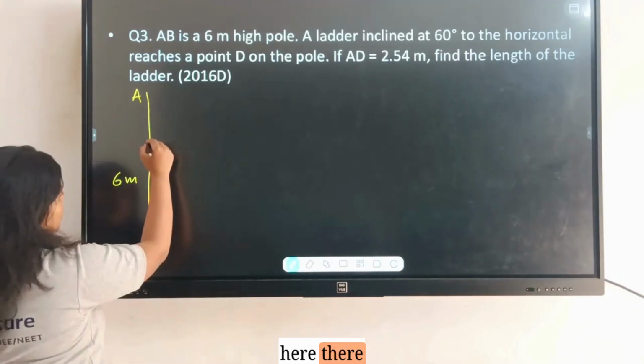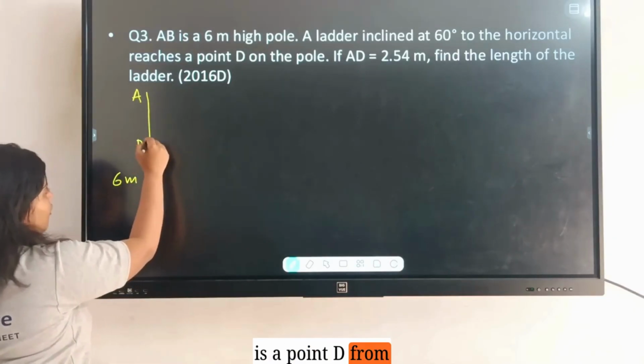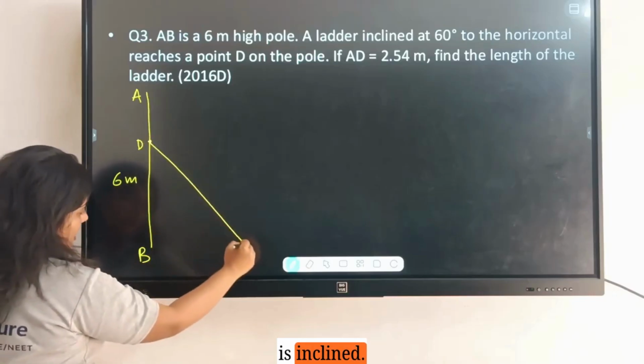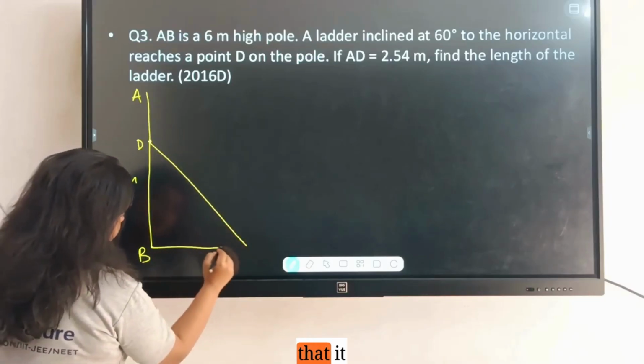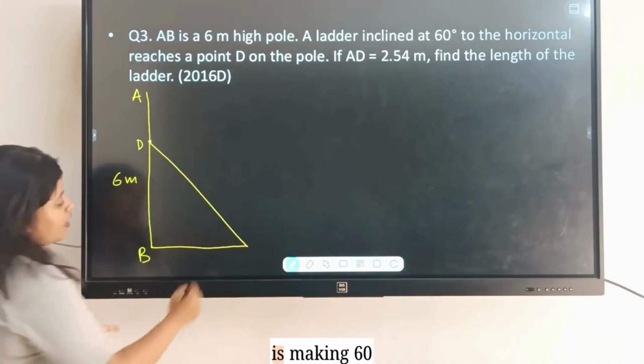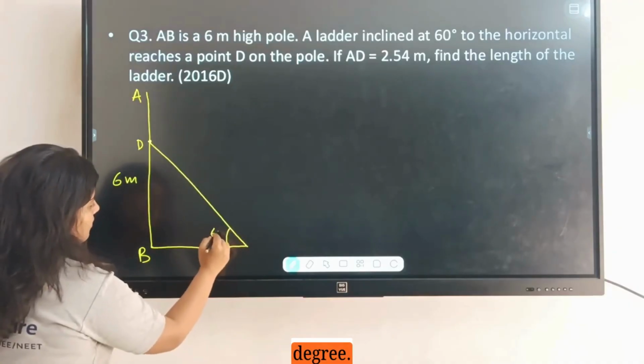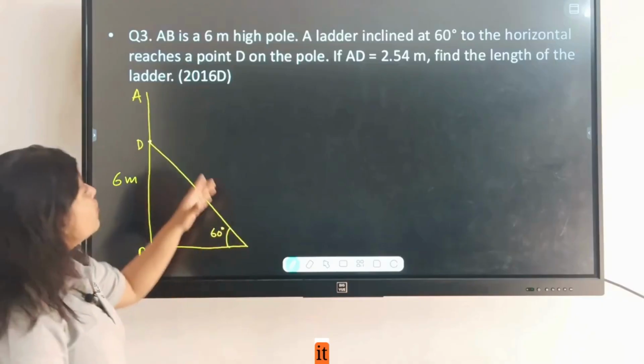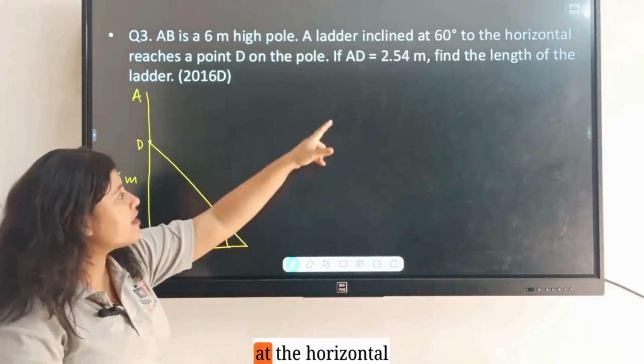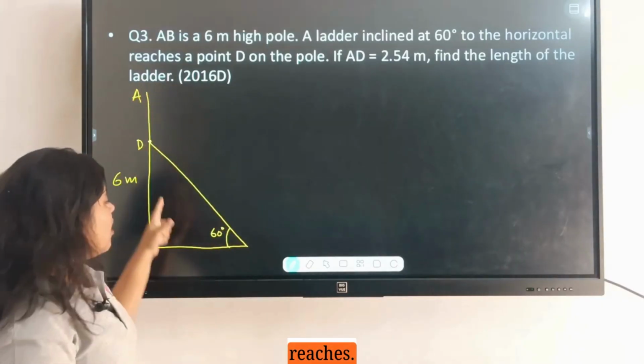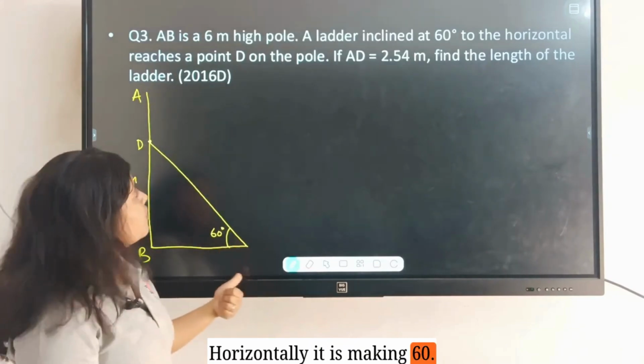Means over here there is a point D from which a ladder is inclined, so that it is making 60 degrees with the horizontal.